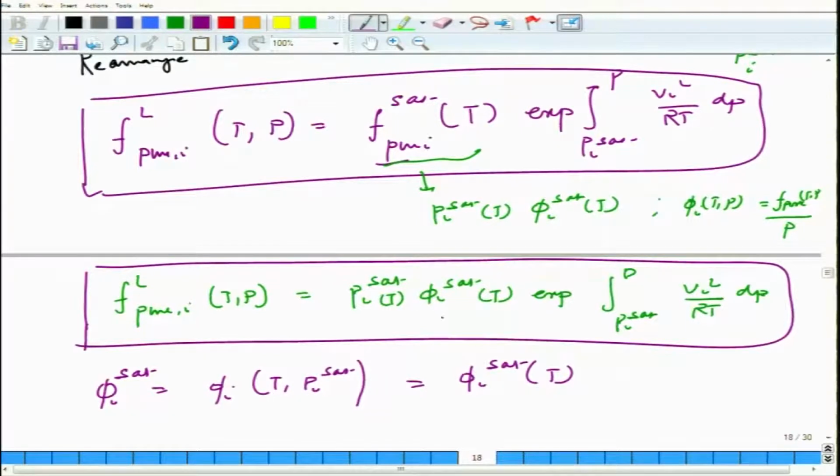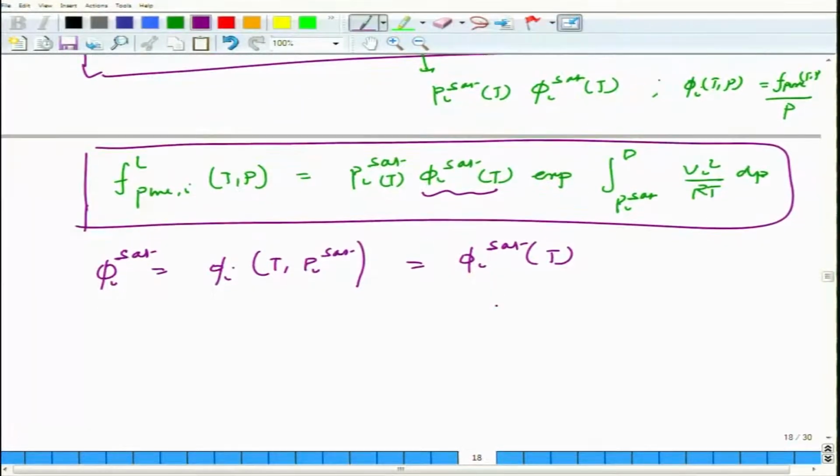The first correction is the fugacity coefficient of the saturated vapor, and what does it account for?